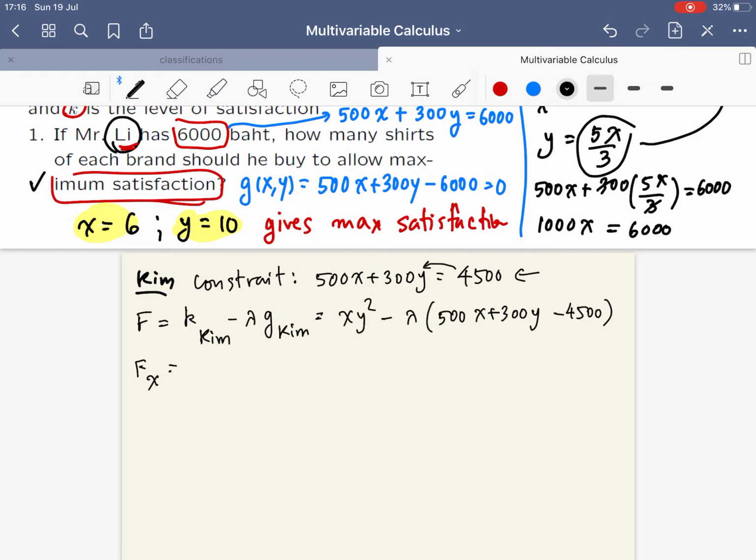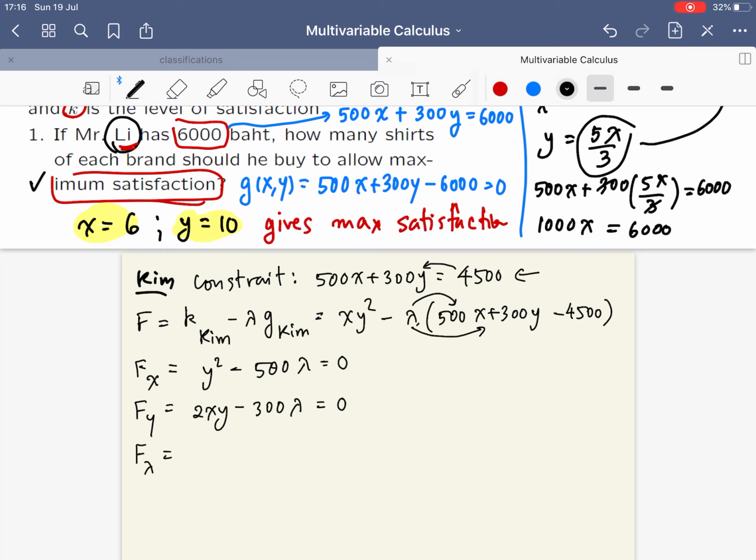So your f sub x is y squared minus 500 lambda, make it equal to 0. Your f sub y is 2xy minus 300 lambda, make it equal to 0 as well, you see 300 over there.